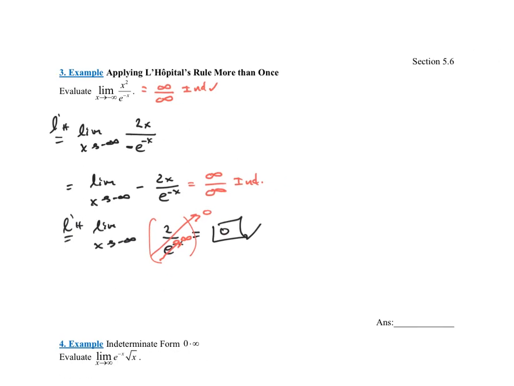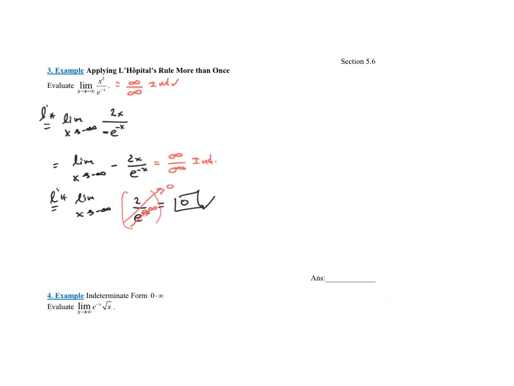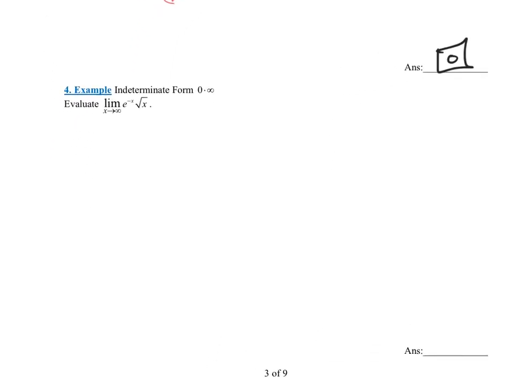So the limit as x approaches negative infinity of x squared over e to the negative x must be 0. Again, we could verify this on our calculator using the table feature, but on the test, I do need to see you use L'Hopital's rule. Only use the table feature on your calculator to verify. I will not accept any solutions that use the calculator to get the answer, only to verify your answers.